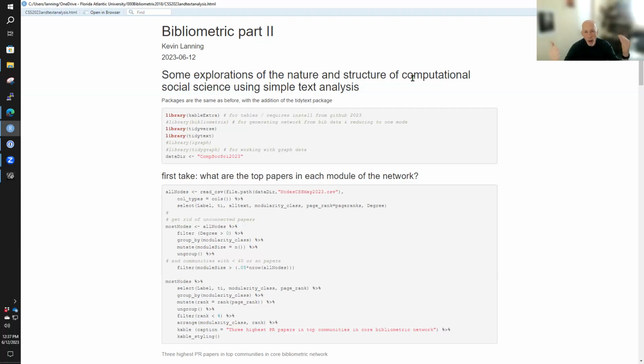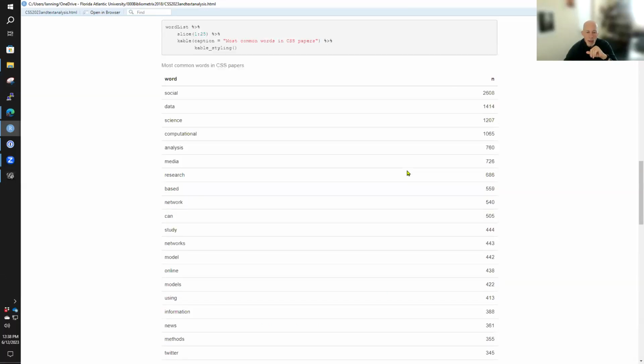And then finally, we went back and looked at text analysis to try to identify what those areas were and to come up with an analytic definition of what computational social science is. So I hope you got something out of it. If you're inclined, go ahead and fiddle with this network, fiddle with the code, and see if you can come up with an interpretation of these areas.